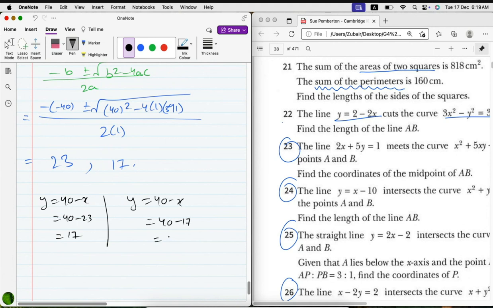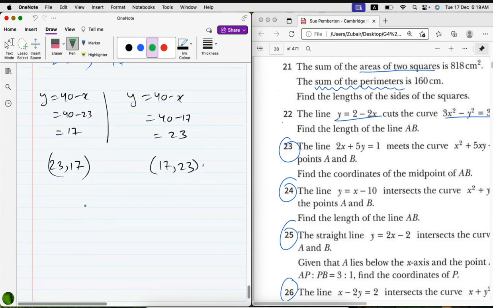If x is 17, y is 23. Quickly rechecking it. 4x plus 4y equals 160. 4 into 23 plus 4 into 17 is 160. And both of these are the same.